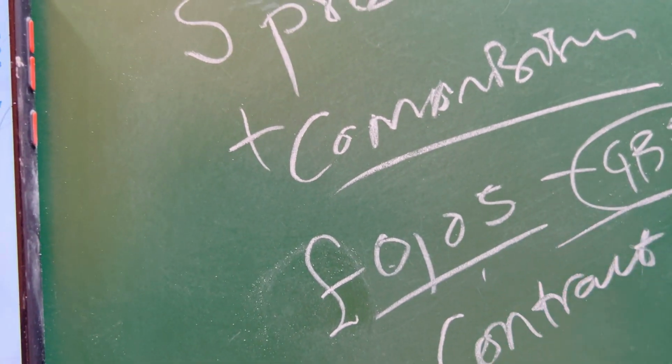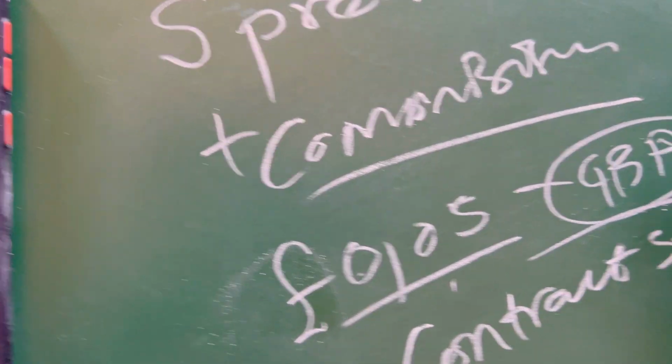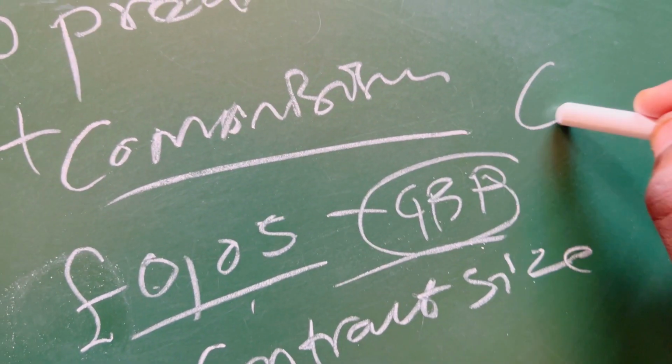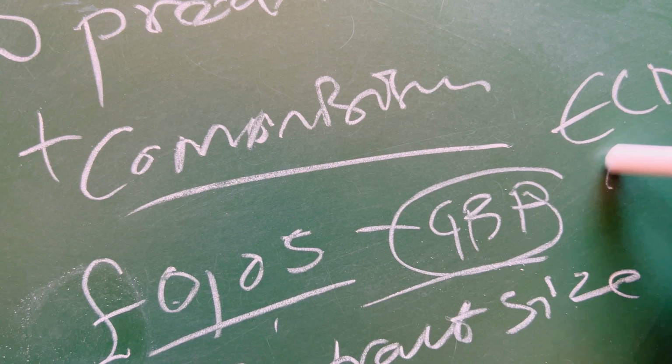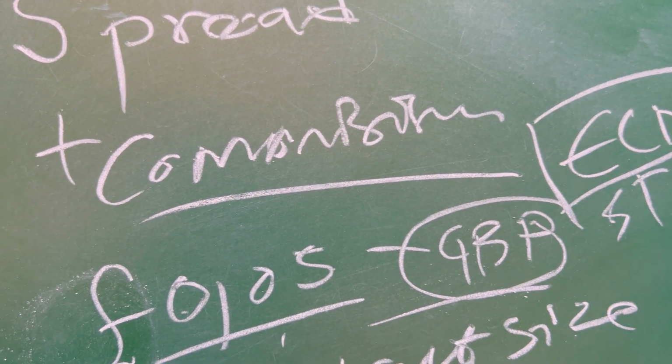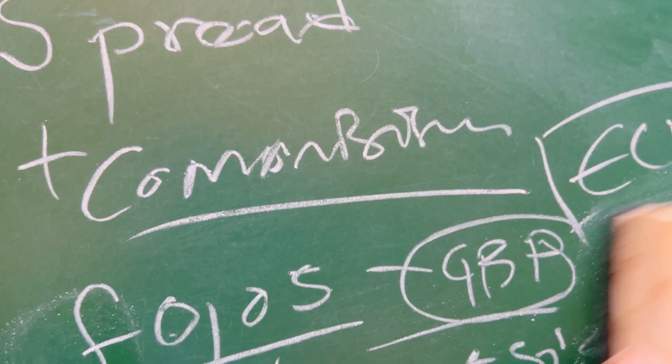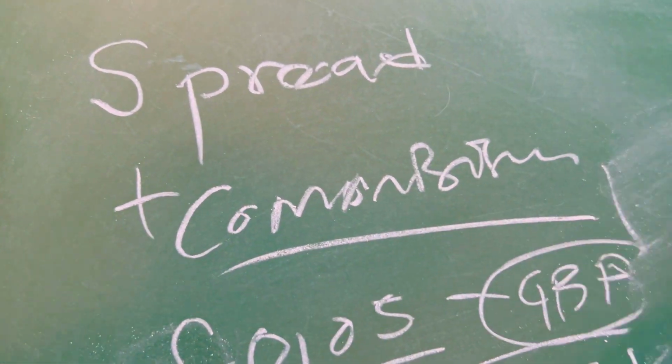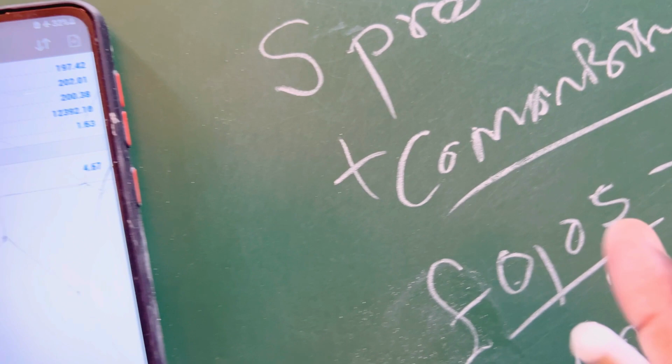So this commission, they do charge it, but the brokers which charge the commission are usually ECN, STP, but mostly the ECN. Actually, it's just one account of ECN.